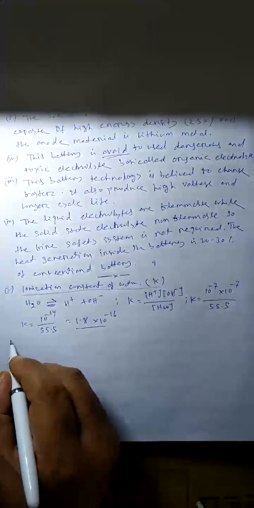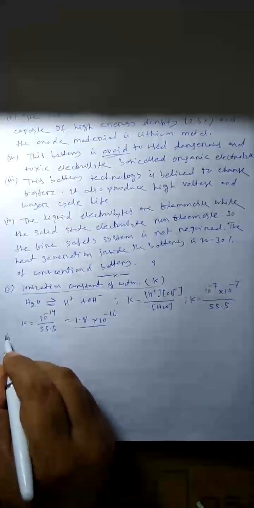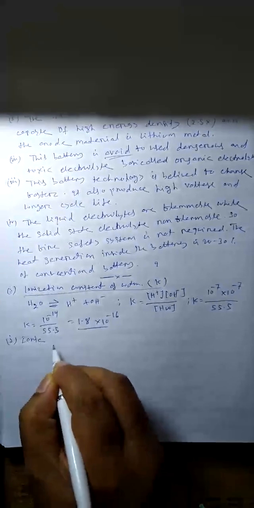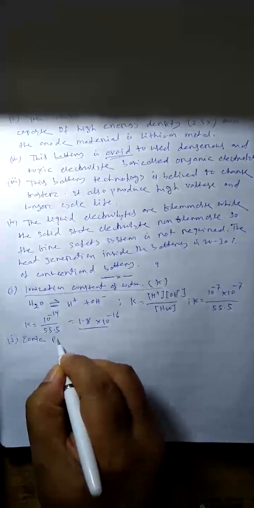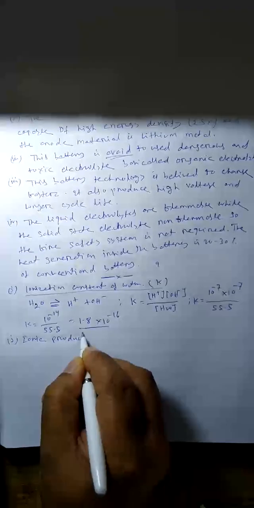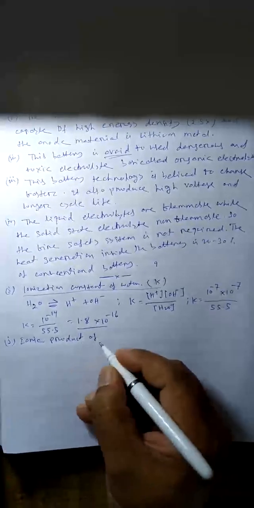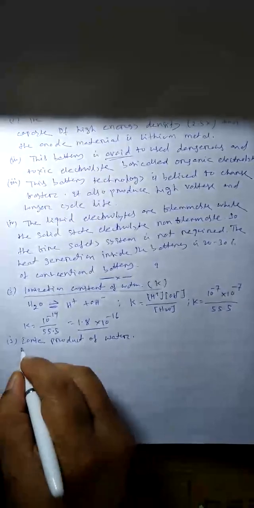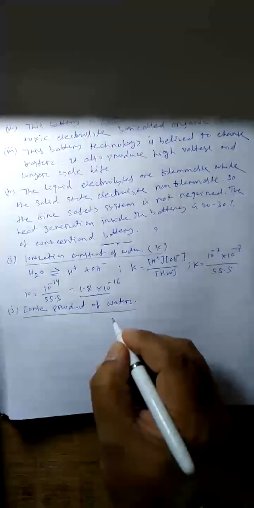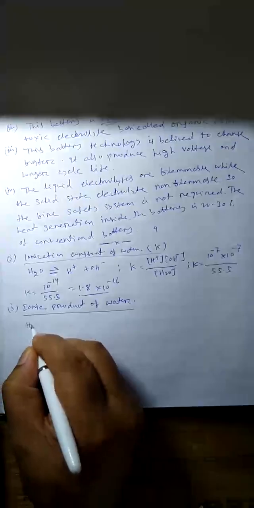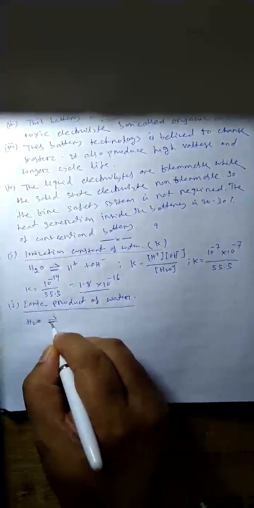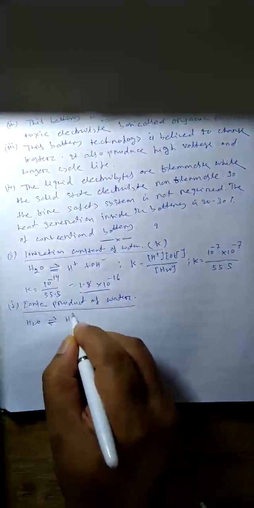Next is the ionic product of water. In the same way we can derive it. Water splits into H plus and OH minus, and since it is weak, the reaction is reversible.